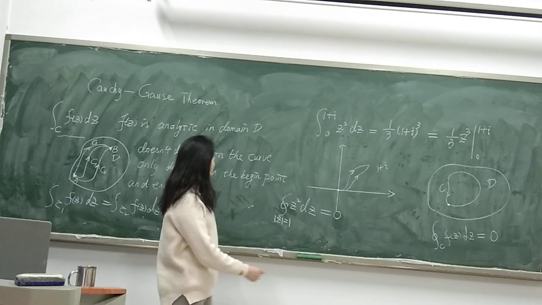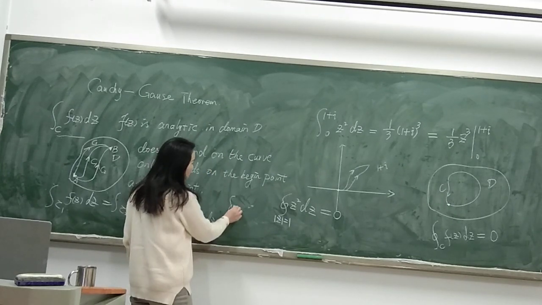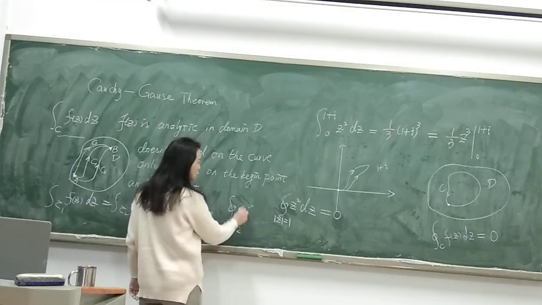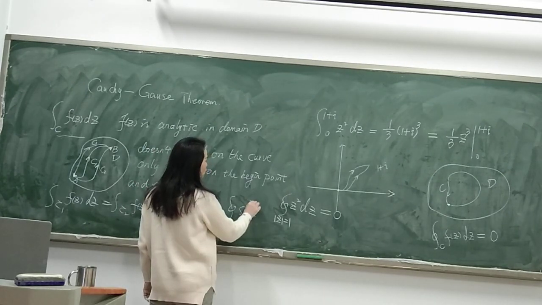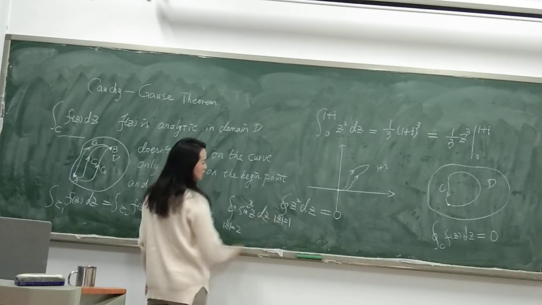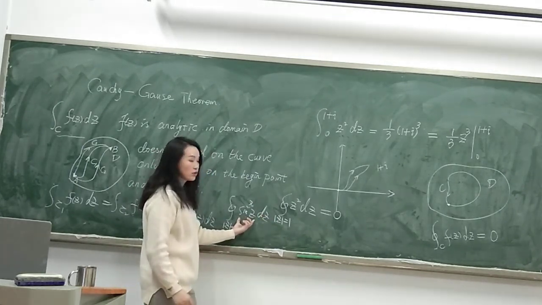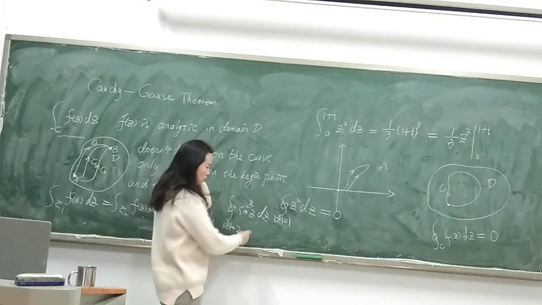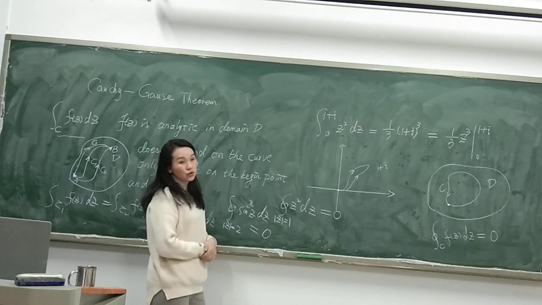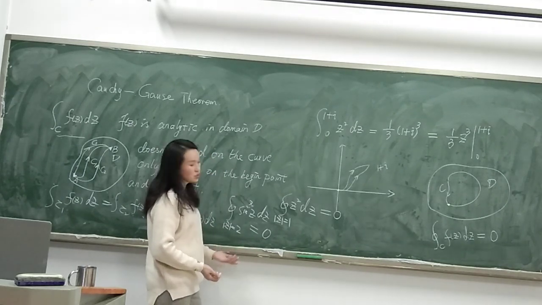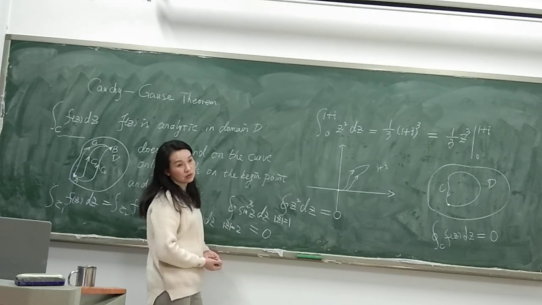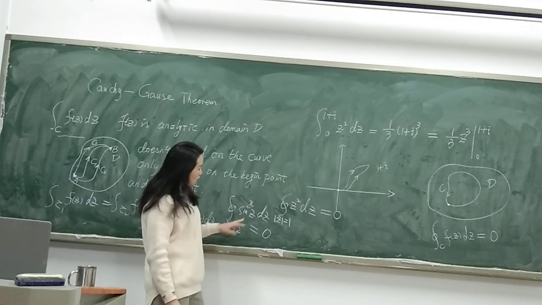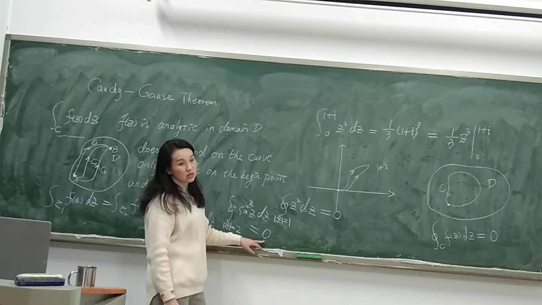For another example, C is the modulus of z equals 4, and the integral of sin z squared dz. Because this function is analytic and this C is closed, the integral is also 0. Understand that? So if f(z) is analytic and C is closed, the integral is 0.